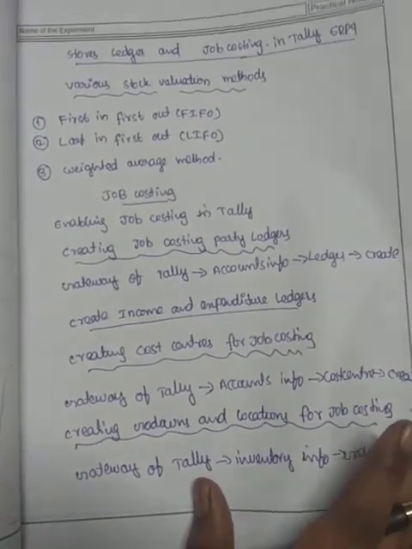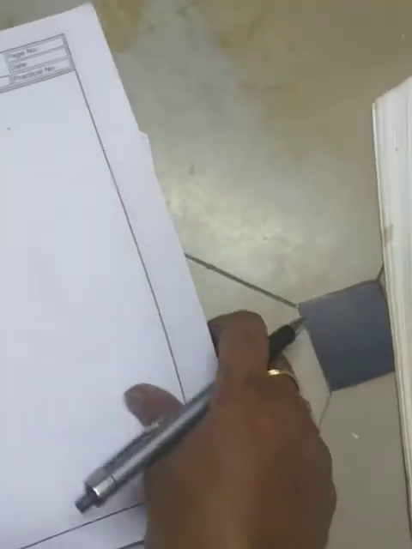Now, job costing reports. So how to get the job costing reports in Tally?